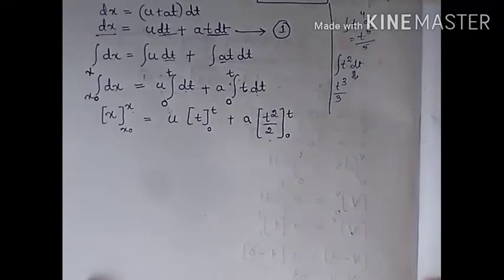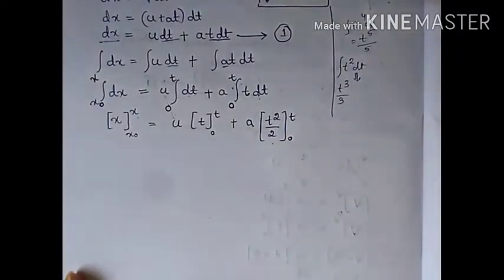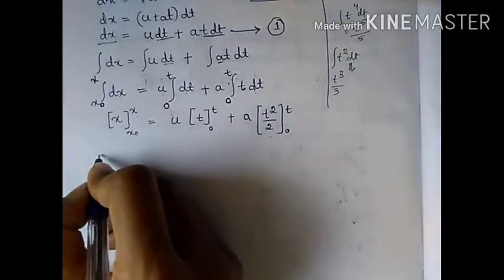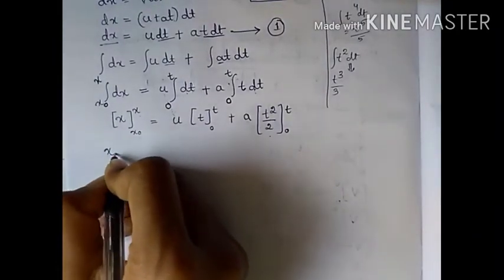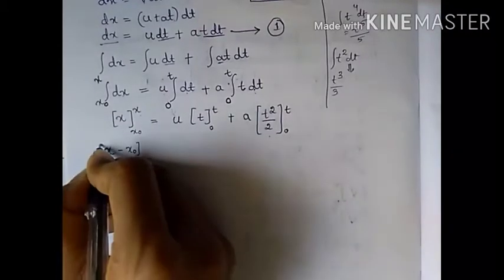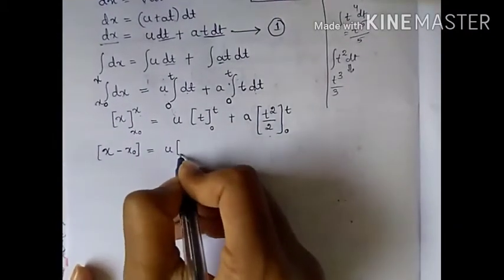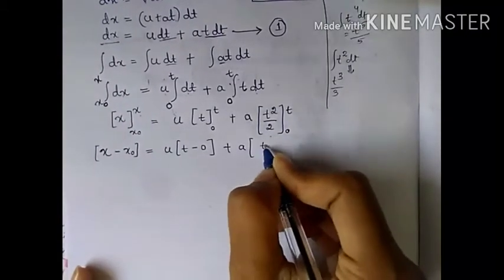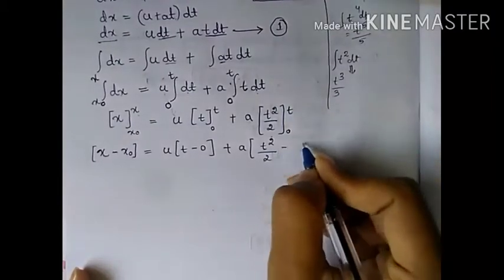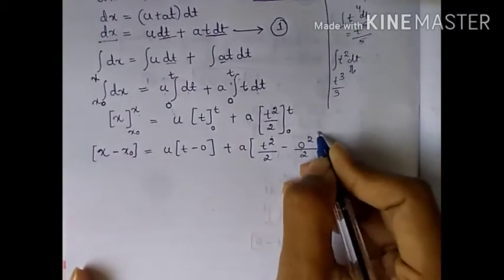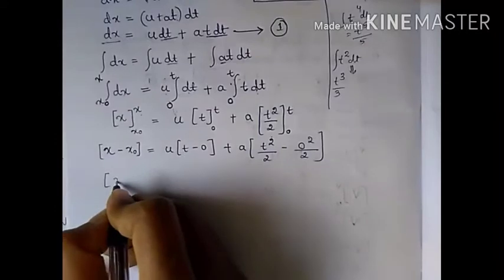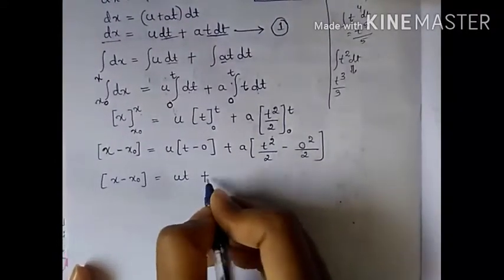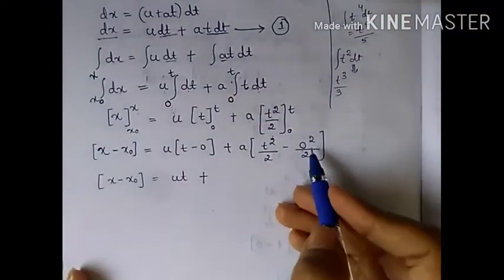So now you have the equation with the initial and final limits. Let us substitute the final minus initial limit. Here x minus x naught equals u into t minus 0, plus a into t square by 2 minus 0 square by 2. So this gives x minus x naught equals u multiplied by t plus a t square by 2, since 0 by anything is 0 and 0 square is 0.